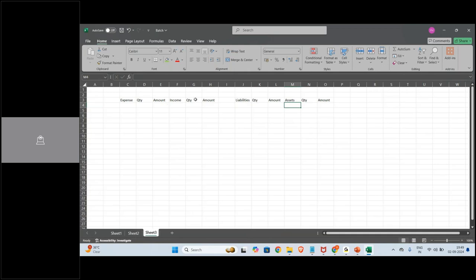I'm just adding it only to make the understanding easier for you. This does not mean that there will be a quantity column in the balance sheet. Do you agree with me?